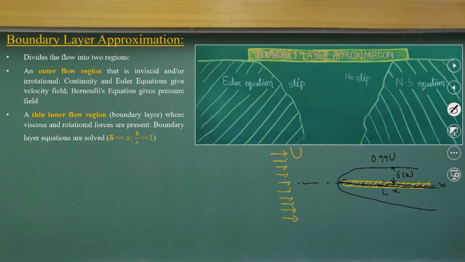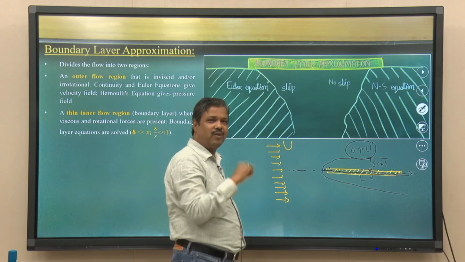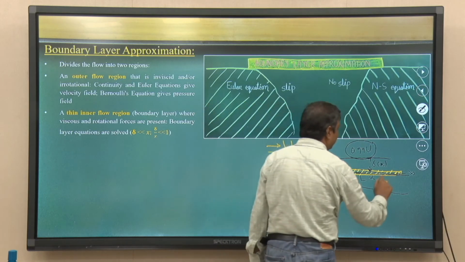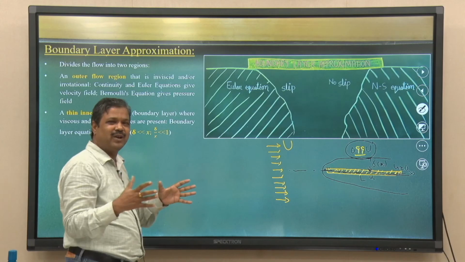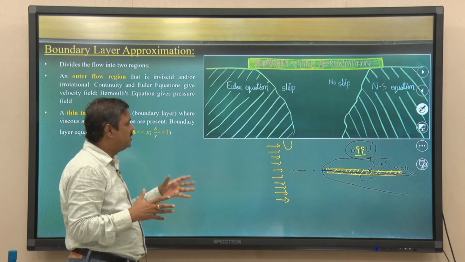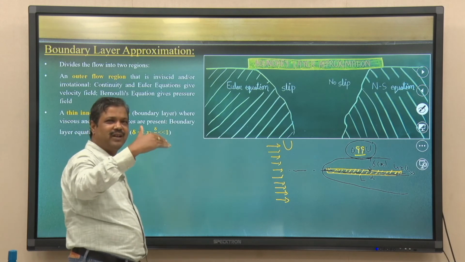That way we consider 99% of the velocity, and that is what we define as the upper boundary of the boundary layer. The lower boundary, you know, is where the velocity u is equal to 0. You could divide it differently, why not more, but 99% of the free stream velocity is what defines the upper boundary.